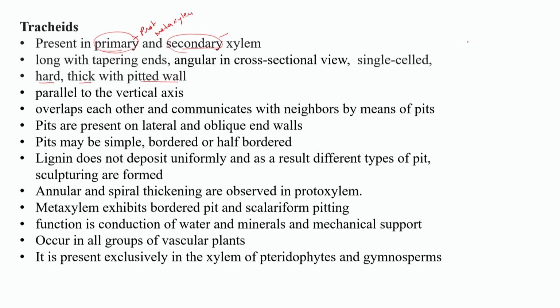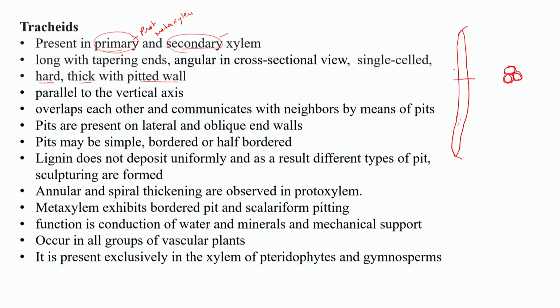Tracheids are also long with tapering ends. When you draw tracheids, they are long and they have tapering ends, meaning their end wall is closed, there is no opening in the end wall. When you observe them in cross section, they are angular in appearance with thick walls, and they are single cells.